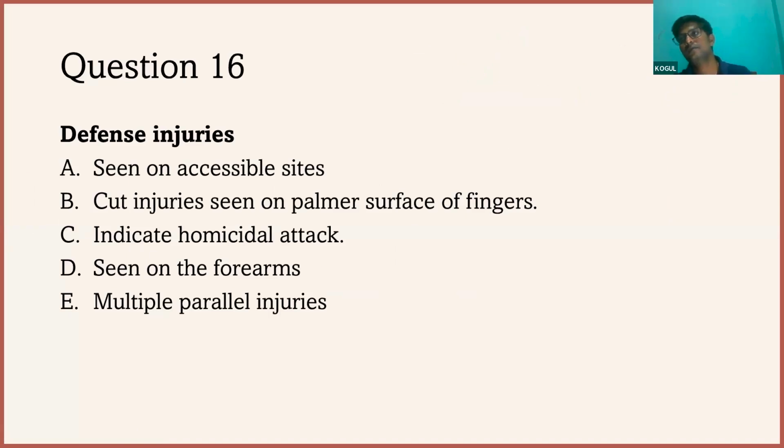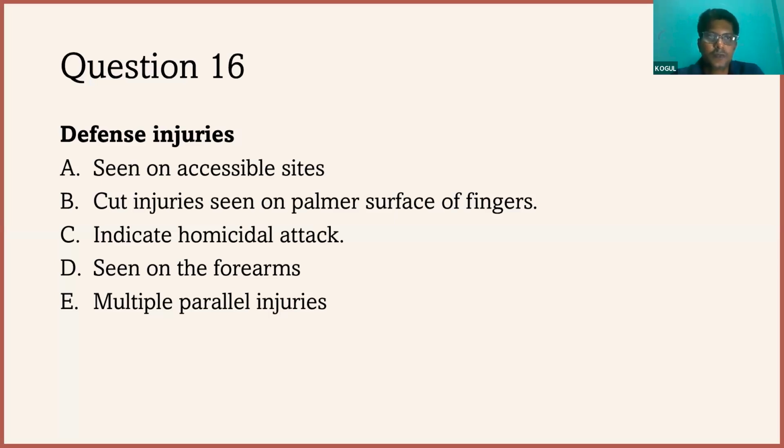Sometimes if you tie the legs and the hands, most of the time they try to change position and they show the back of the chest. So that is not the accessible side. So defense injury seen on the accessible side is considered false, because it can be seen on the back aspect of the chest also. Usually only the self-inflicted injury is seen on the accessible side.